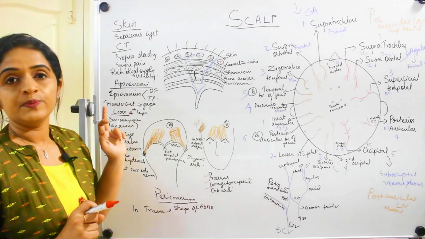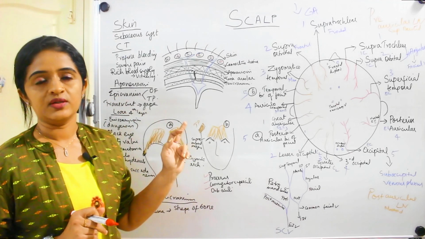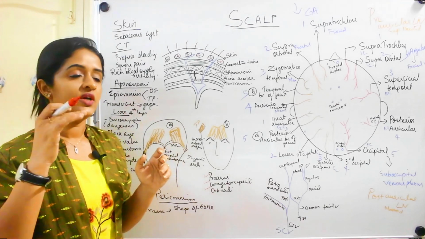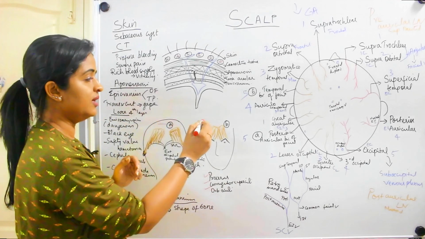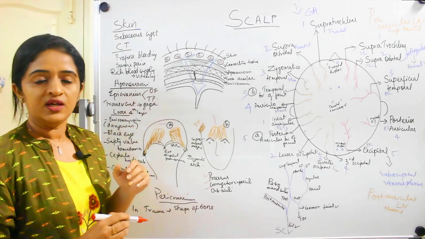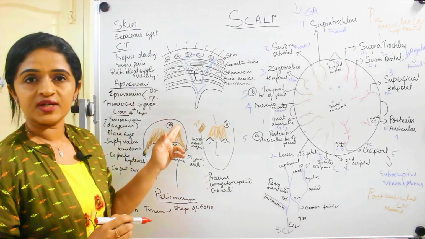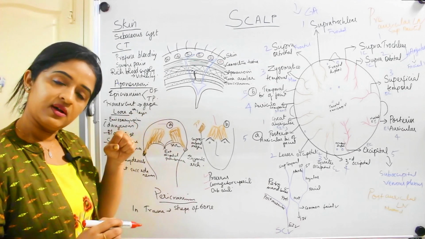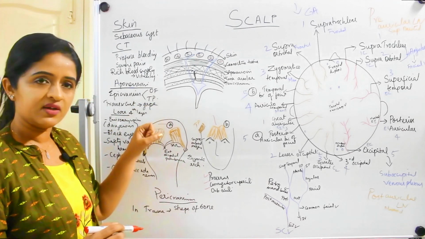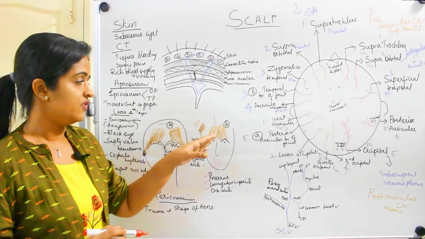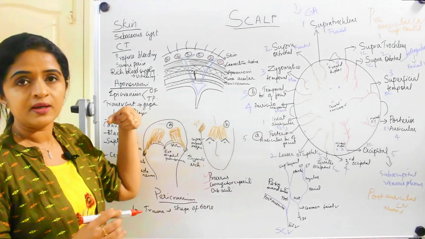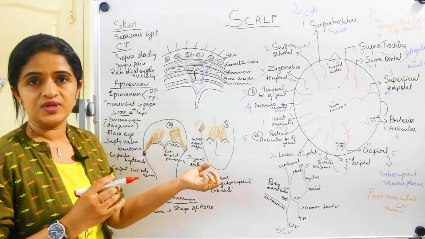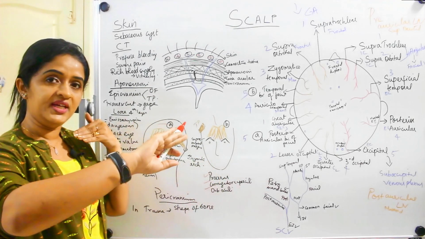Now coming to the injury to the galea aponeurotica. You can get either a transverse cut or a vertical cut. If there is an injury in the form of a transverse cut, what will happen is that when the occipital belly contracts, it will pull the cut from behind, and if the frontal belly contracts, it will pull the aponeurotic part towards the front, so that the wound will gape.